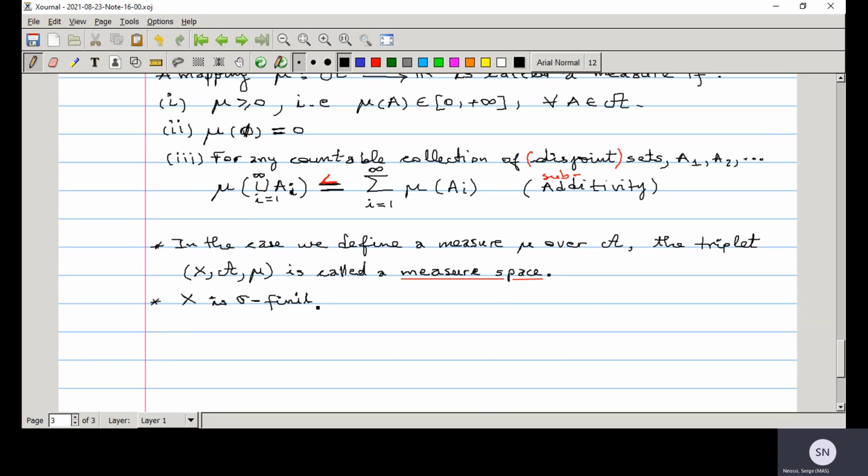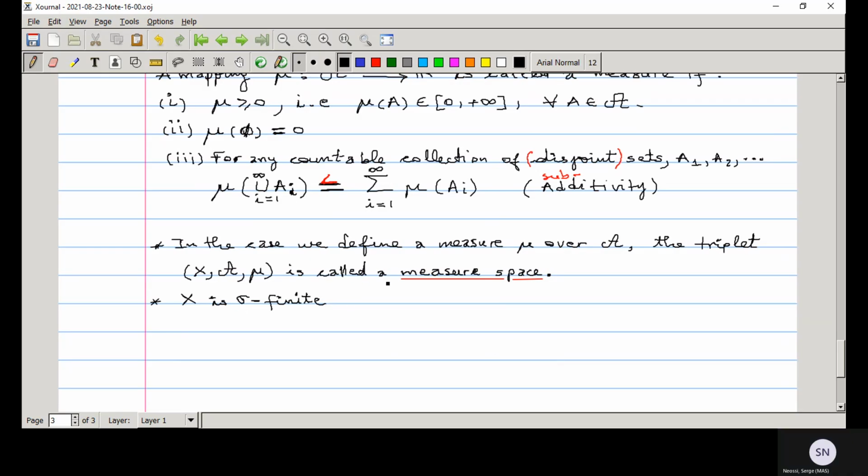When you say sigma, it means that you have a countable union. Never forget this. When you say sigma algebra, remember sigma algebra came from the fact that this countable union is an element of the sigma algebra. That's where the sigma comes from, countable union. So now if you say that X is sigma finite, the sigma first comes from the fact that you can write this X as a countable union. That's the sigma. And then finite comes from the fact that mu of each of the elements there has to be finite.